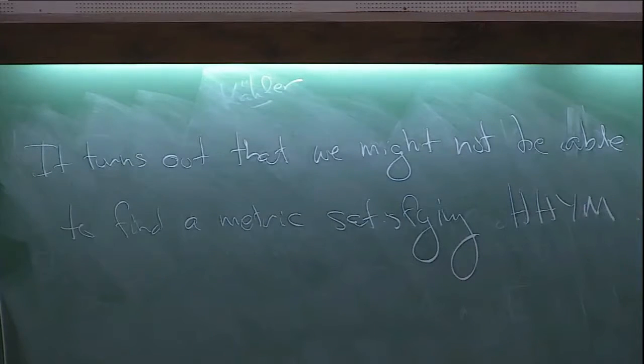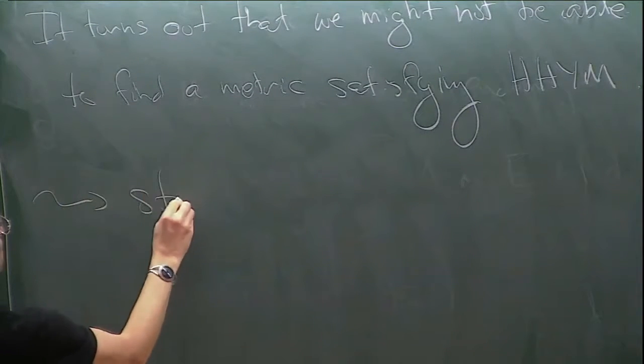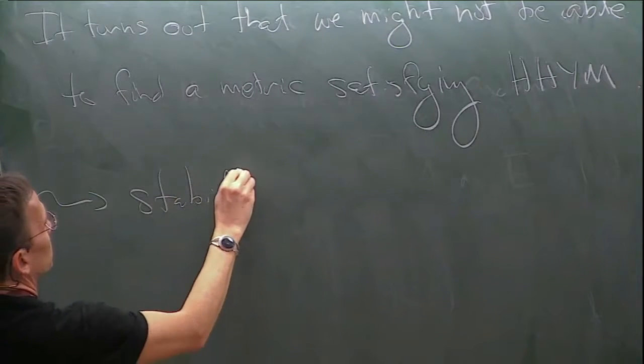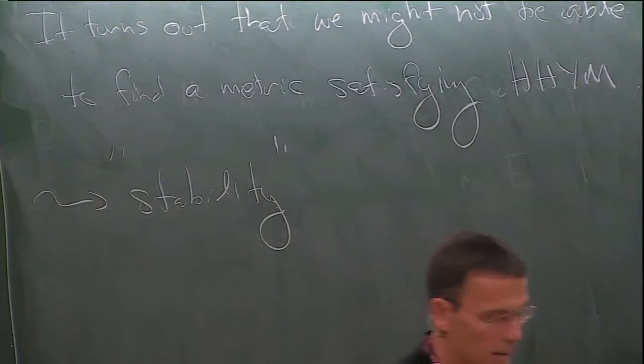Okay? And in fact, one can see immediately that a solution to the equations implies a condition on subsheaves. So this leads to the notion of stability. So let me define stability, and then I think I can state the main theorems after that.